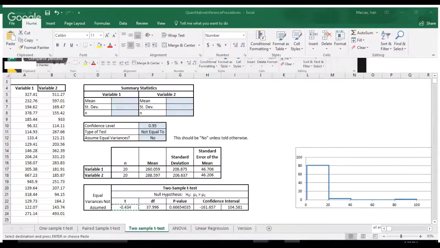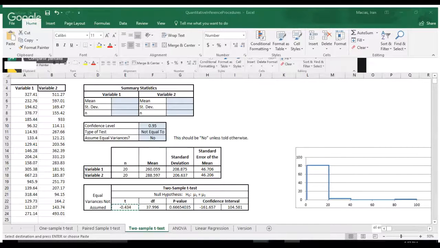Okay. And what is the correct decision based on this evidence? Fail to reject. Fail to reject, yeah. What was the confidence level supposed to be? Oh, it's supposed to be 0.9. So we've got to change that. Does it change anything else if we go to 0.9?